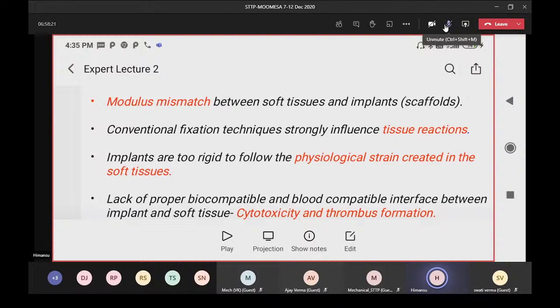This is the reason we need a really biocompatible tissue adhesive, one that should be not only bio-friendly but also blood-friendly. That means a blood-compatible surface. Why? There should be blood flow, but there should not be a thrombus. That means there should not be a clot, because once there is a clot, it is very, very difficult to do the surgery. You need to remember this.